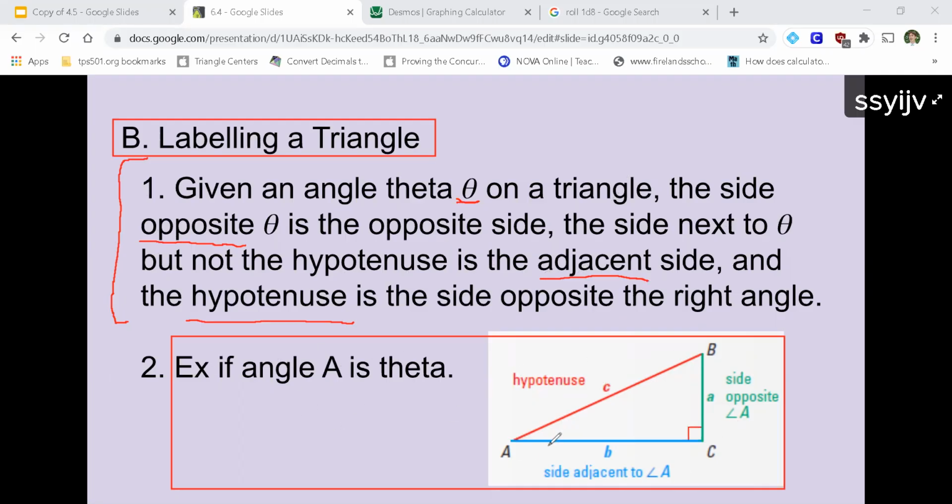So for example, if I say angle A here is theta, the angle that we're going to use for this problem, I'm going to label my sides opposite, adjacent, and hypotenuse, which we'll usually abbreviate as OPP, ADJ, and HYP.